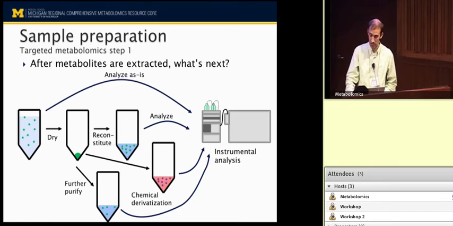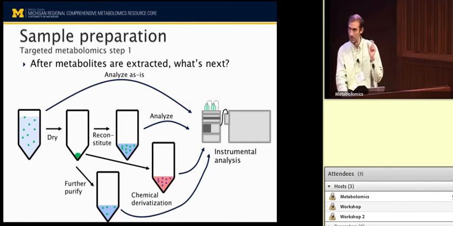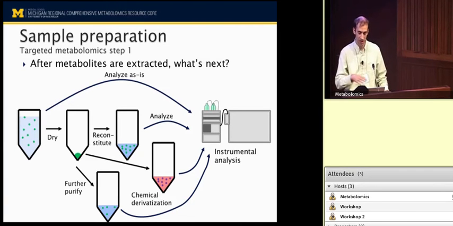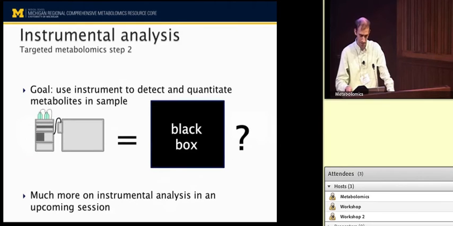This is particularly relevant for GC-MS analysis, where instead of analyzing the metabolites in the chemical form that they are typically in, we'll convert them to another chemical form. We'll undergo some sort of chemical reaction, and that makes them more amenable to a metabolomics analysis on the instrument. All of that's generally handled by the core.